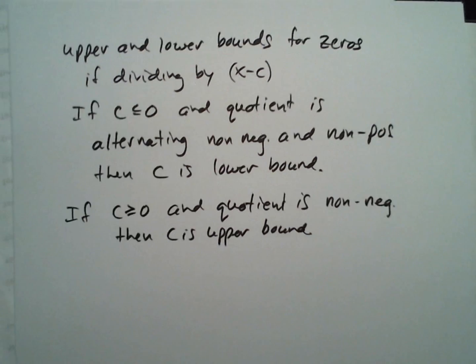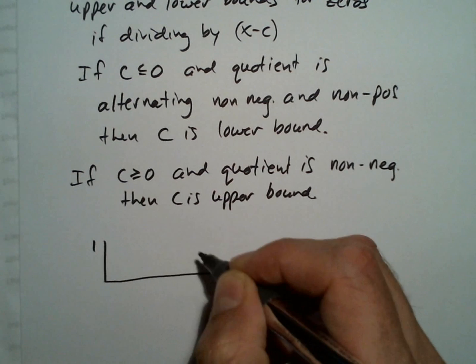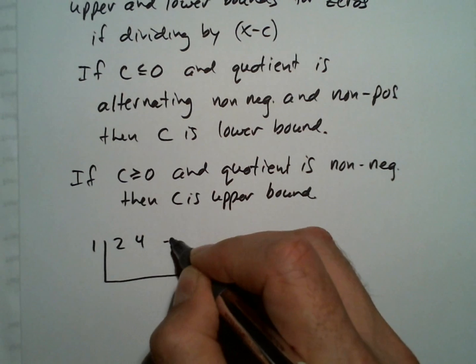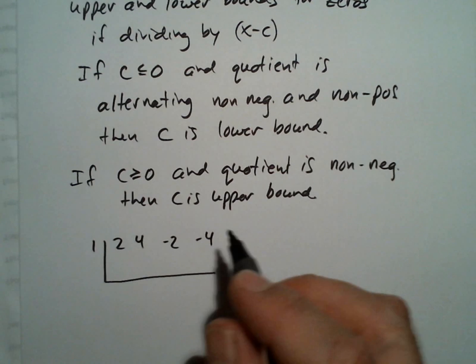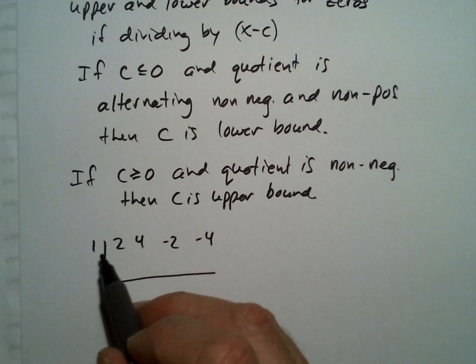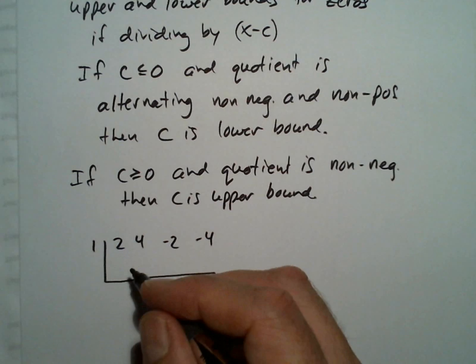So here's how it looks. We're dividing this, we're going to check 1. We want to know, is it an upper or lower bound?